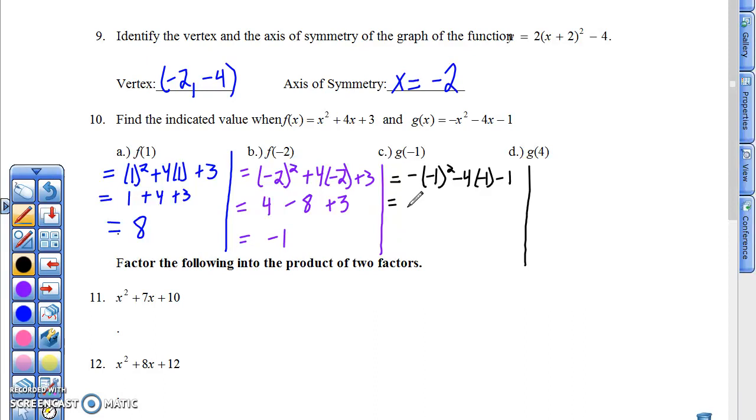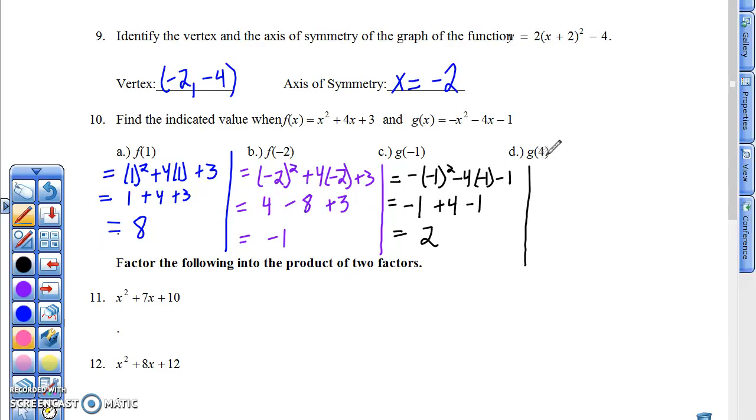I'm going to bring my negative down. Negative 1 squared, though, was positive 1. Negative 4 times negative 1 would be plus 4, and then the minus 1. Negative 1 plus 4 minus 1 overall would give me a value of 2.